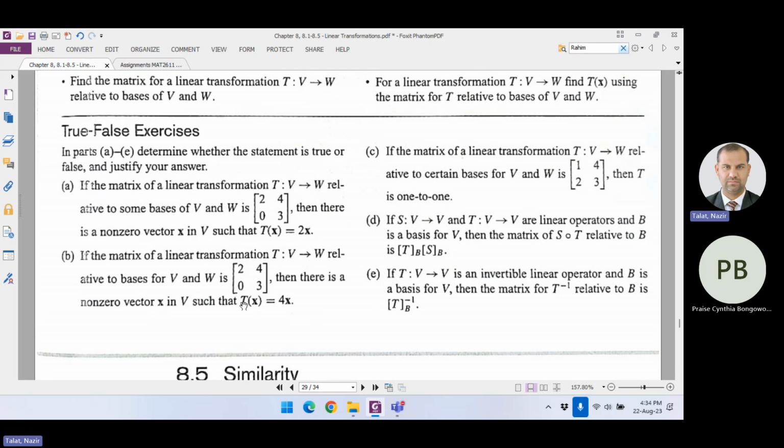If we have this one available, then there is a non-zero vector x in V such that T of x is equal to 4 times x. Now notice that the first element will be multiplied with the 2 and the second with the 4. It means if we take x1 and x2 of that, it becomes 4 times that one.